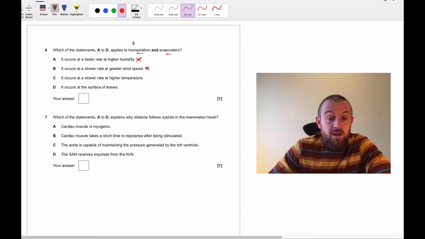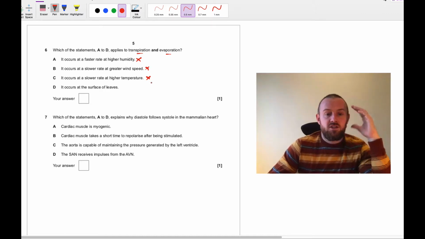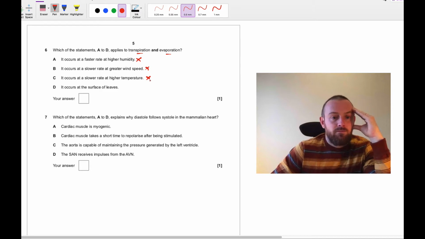No. Greater wind speed would speed it up. It occurs at a slower rate at high temperature. No. Again, high temperature would speed it up. It occurs at the surface of leaves. I guess so. Yeah, it does. 6D.